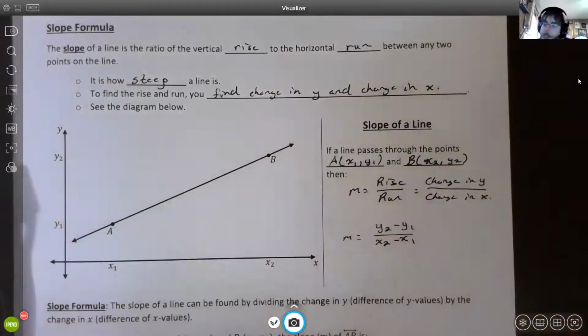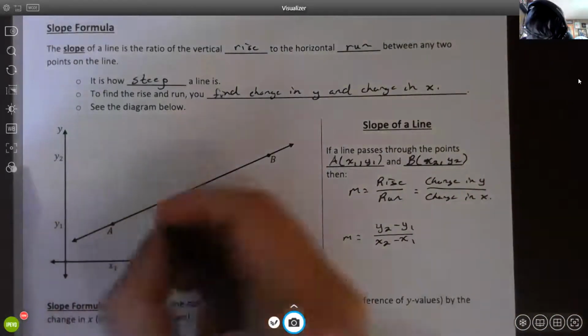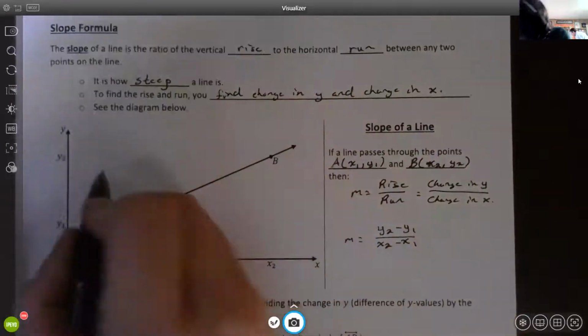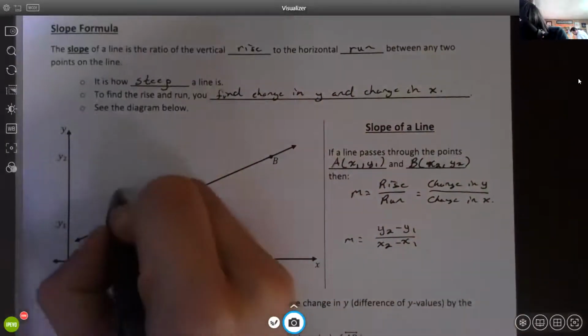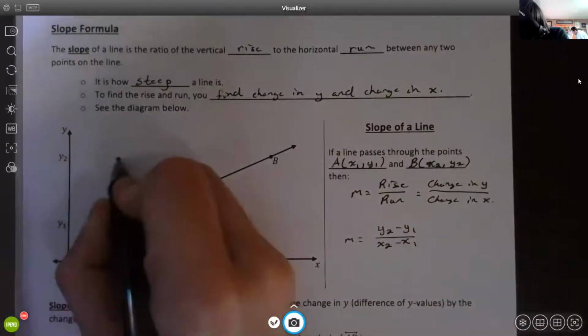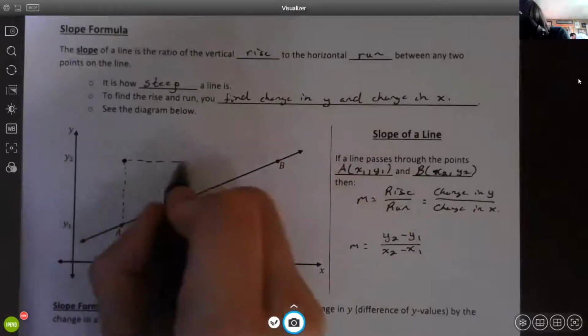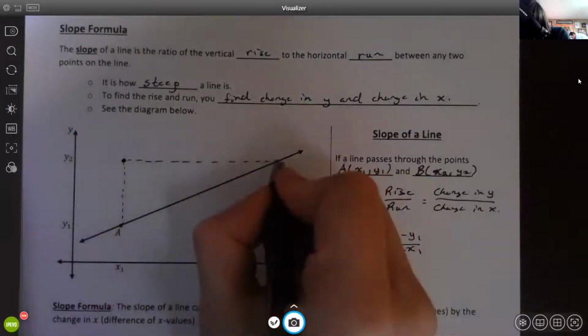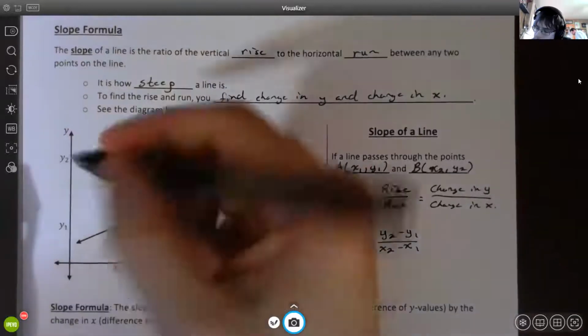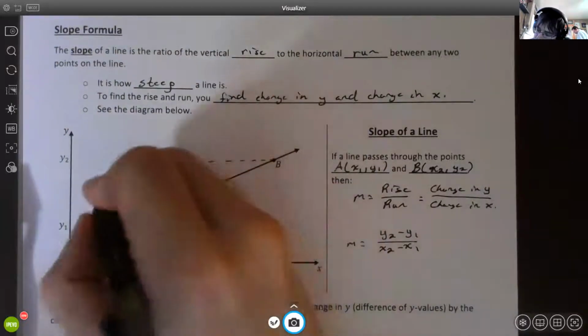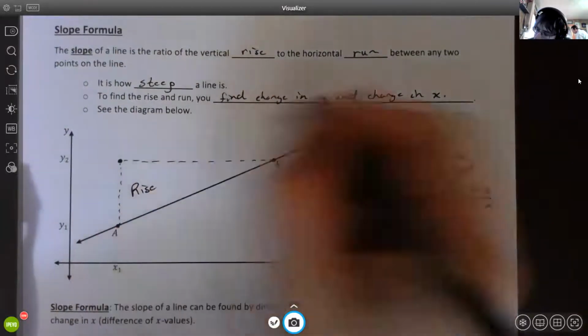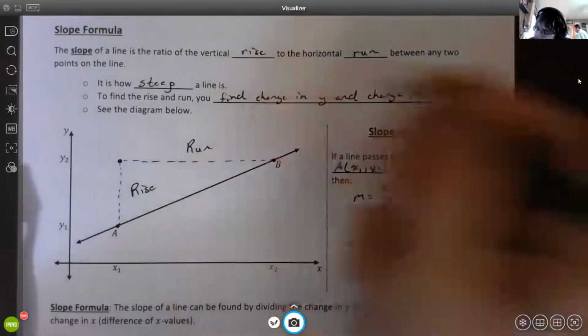And if we draw that on the diagram here, we can see the difference between here is the rise, and this is your run.